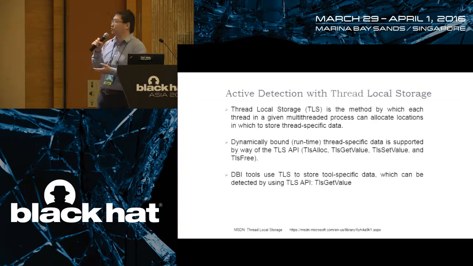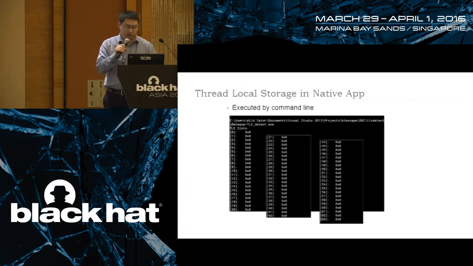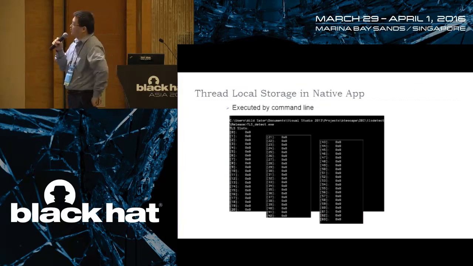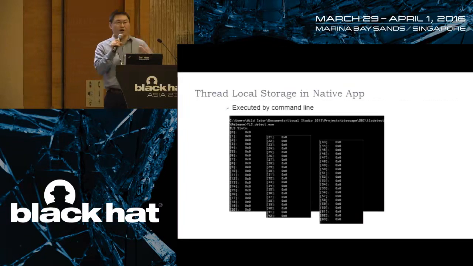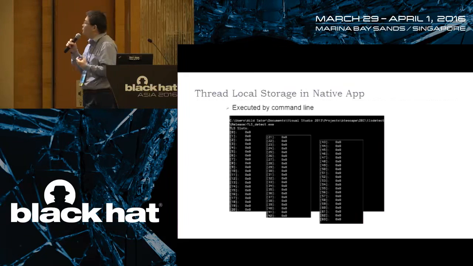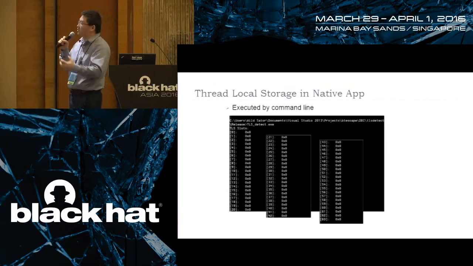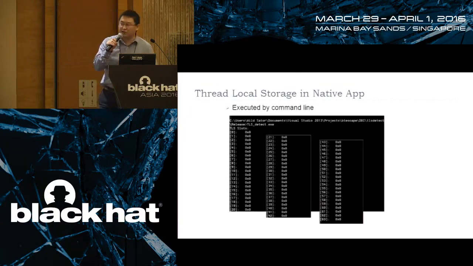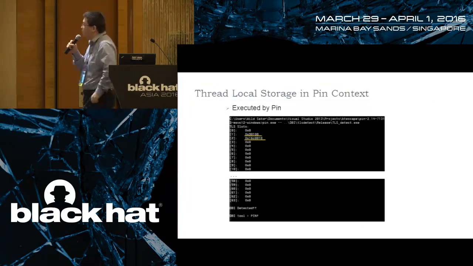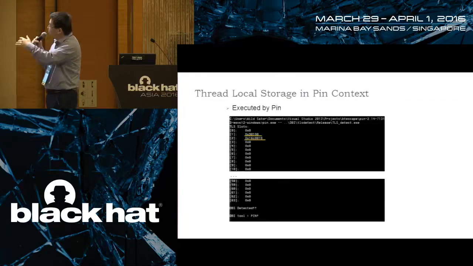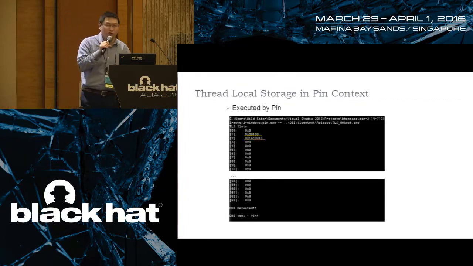You can even know which one. For example, here we wrote code to list all thread TLS values. If I didn't assign any special TLS value, I expect all values from the TLS to equal 0, right? Because that's clean and nobody uses it. But with the same code, if you run under DBI, you could get a totally different result.